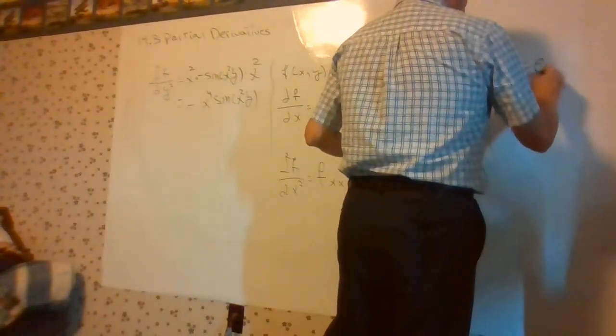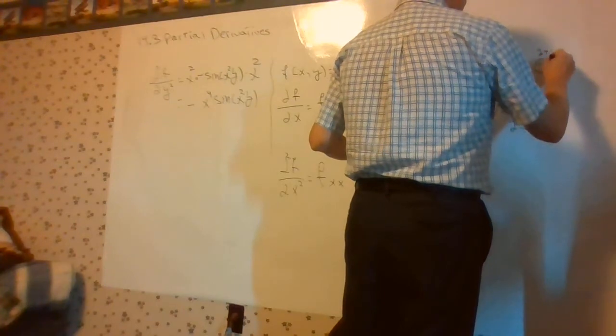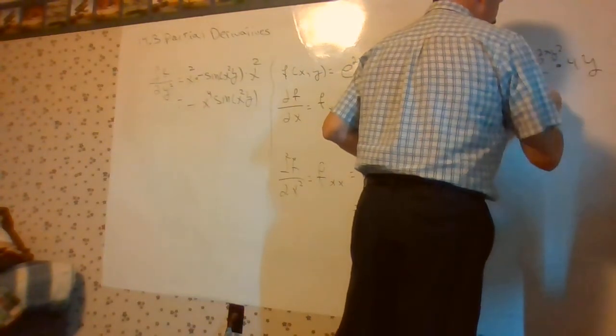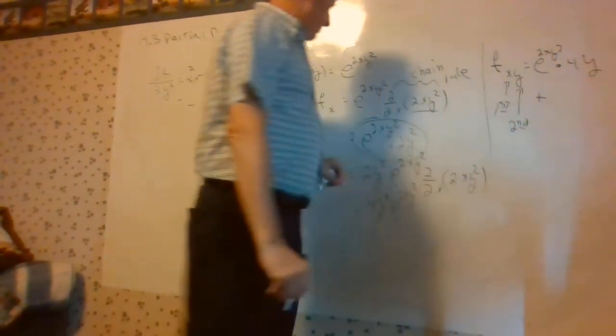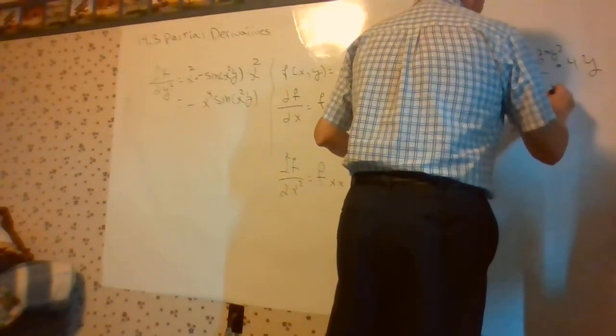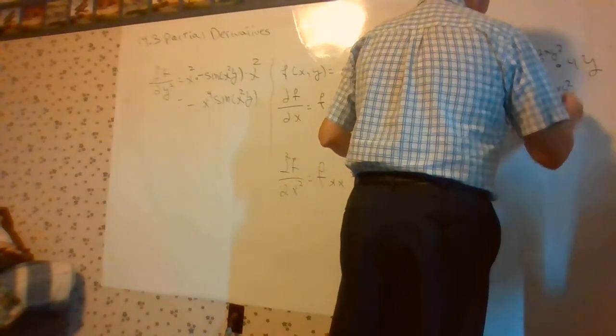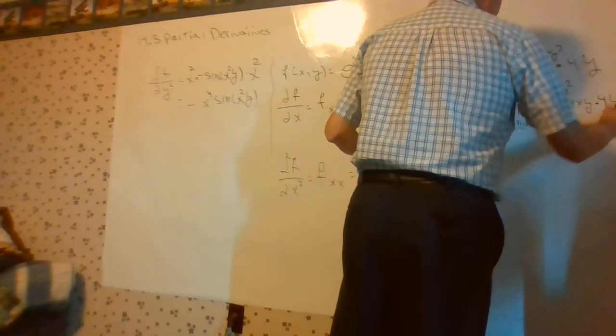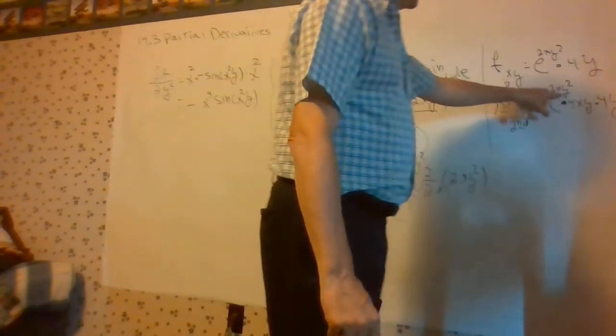So we're going to do first e to the 2x y squared times the derivative of the second, which is 4y, plus a derivative of the first, which is e to the 2xy squared times 4xy times the second one left alone. Okay, the y partial of that's just 4xy.